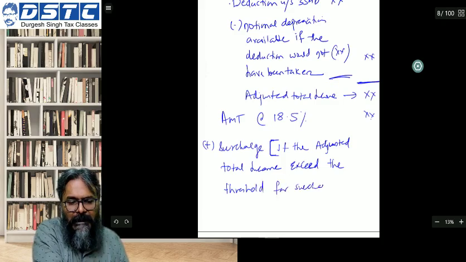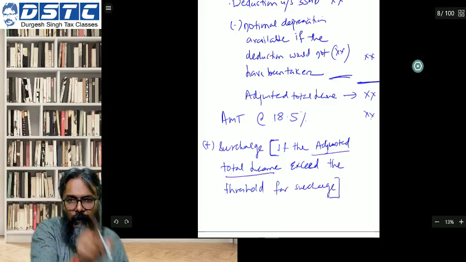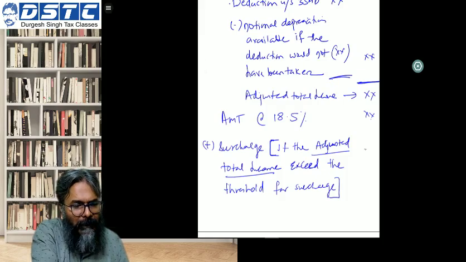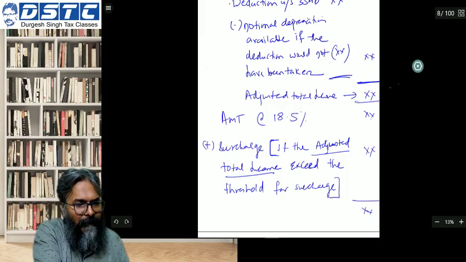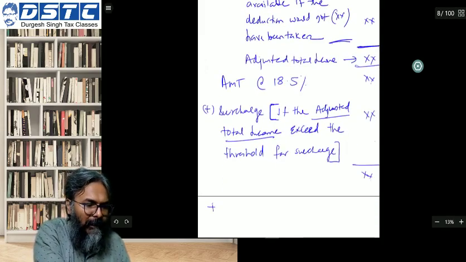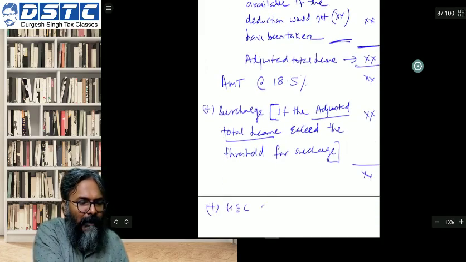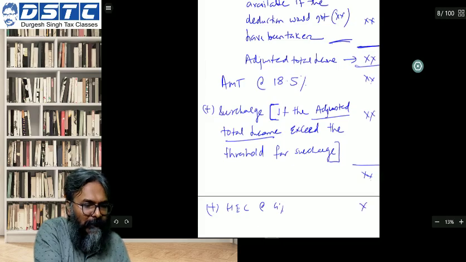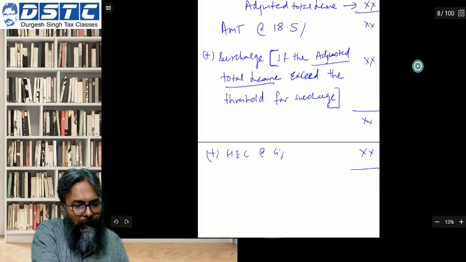The threshold is the same. Whatever threshold is applicable for the total income, the same threshold is applicable over here. On that basis you will apply the surcharge, and thereafter, students, take the subtotal and then HEC at 4%, and finally your AMT.